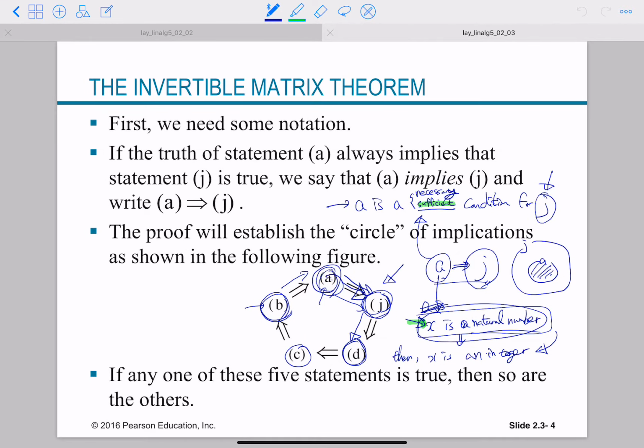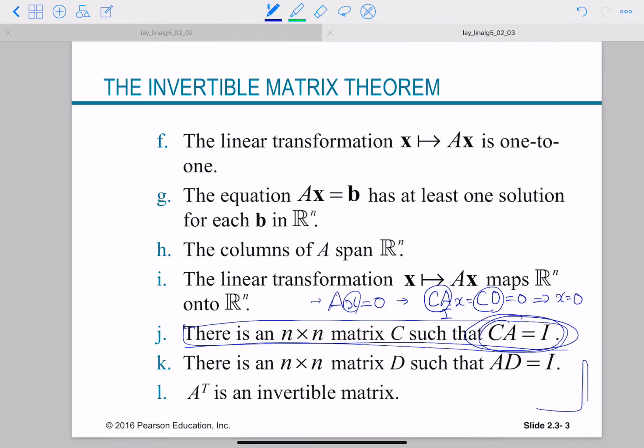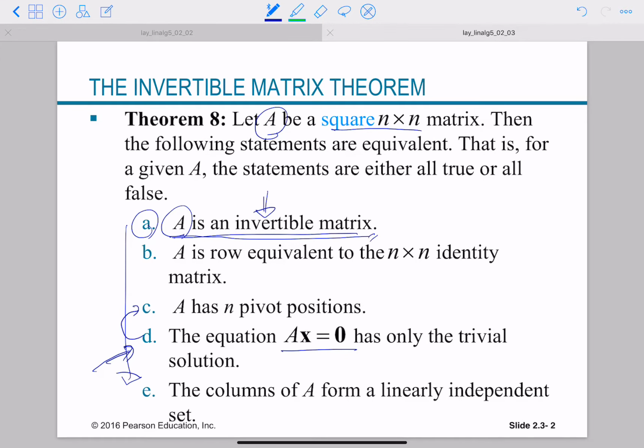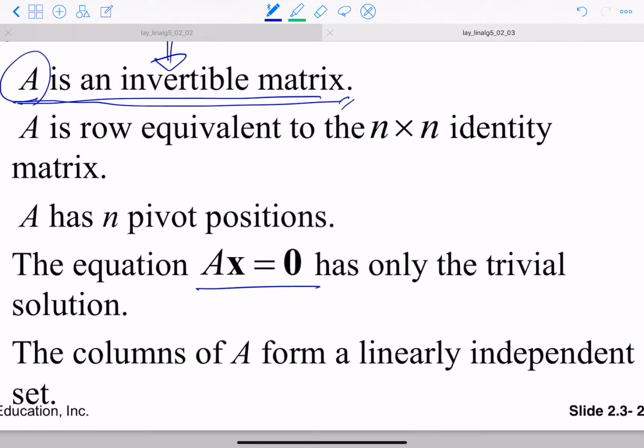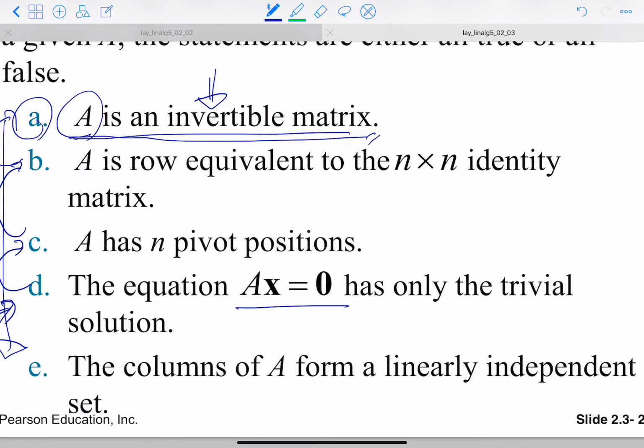Okay, so A, J, D, and then let's move to C, B. So moving from D to C, in this case A is an n by n matrix, and this homogeneous linear system has only the trivial solution, and thus it has a pivot position in every column, right?